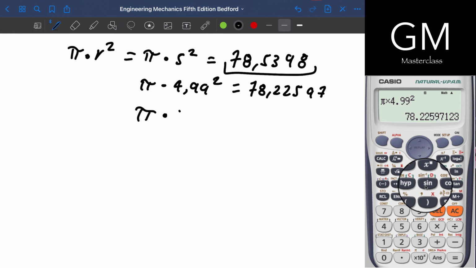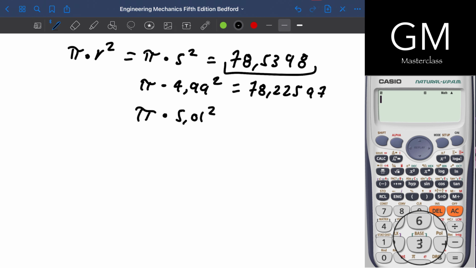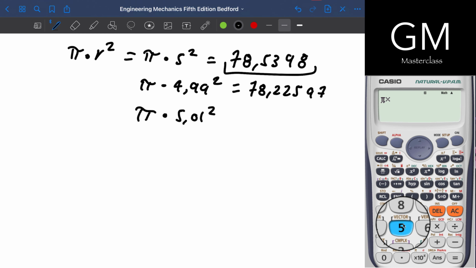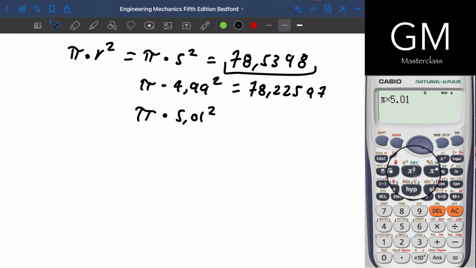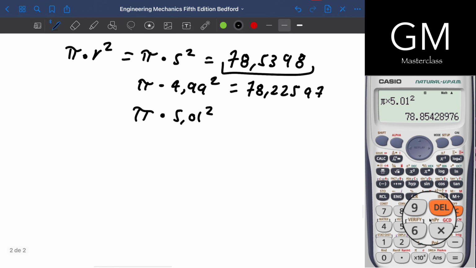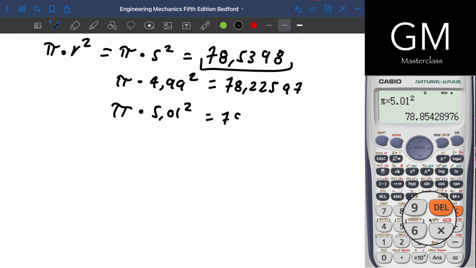And the next one is 5.01 to the second power. Pi times 5.01 to the second power is equal to 78.8 and so on.